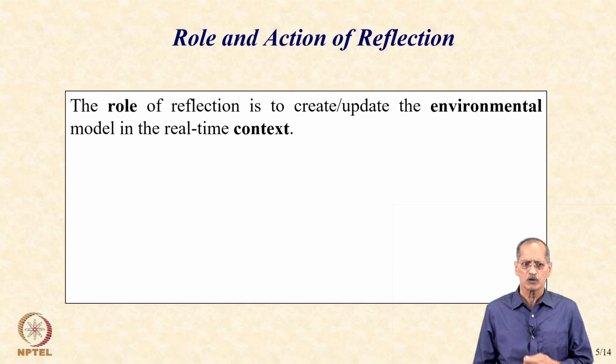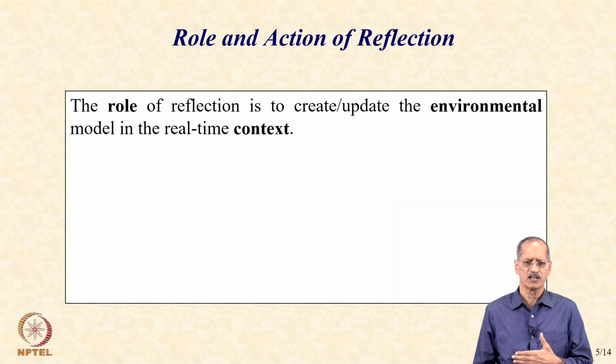What we mean by environment model is that the moment we have received the inputs, removed the ambiguity and extracted the relevant information, that information now has to pertain to the environment in which we are operating.